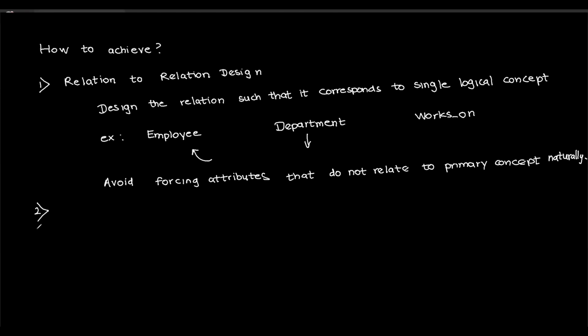Now we have the second way to do this: clear attribute semantics. This is actually a basic thing that every programmer must know. Whenever you are creating a variable, you should not create a confusing variable. It should be self-explanatory, so that someone who didn't get involved in the programming can understand from the code itself without comments.